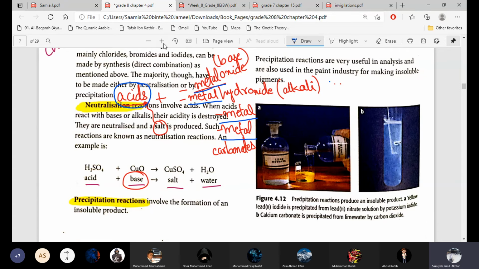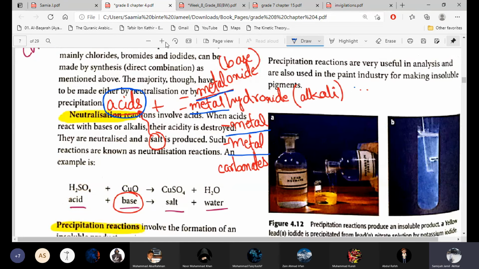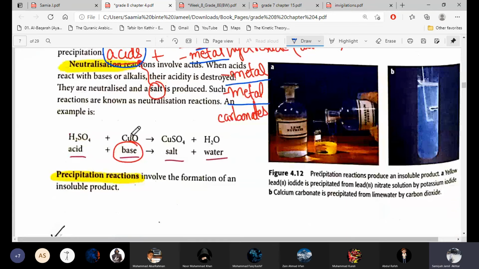See the reaction of copper oxide. Which metal is present here in copper oxide? Copper. Yeah, copper is the metal. The metal will take the place of hydrogen in an acid to form a salt. Always an acid and a metal are needed.